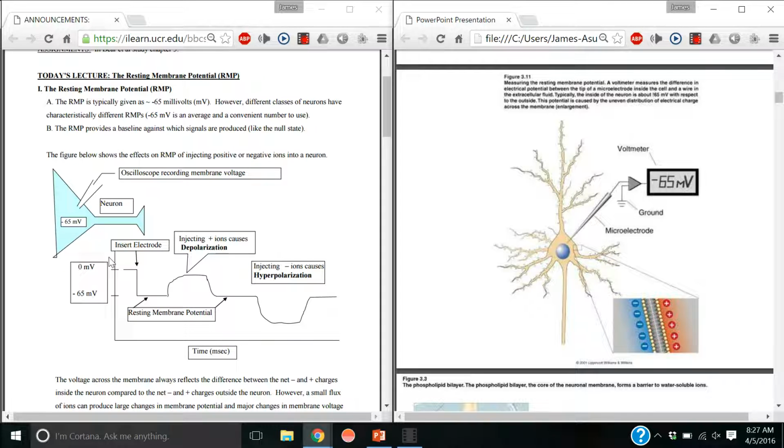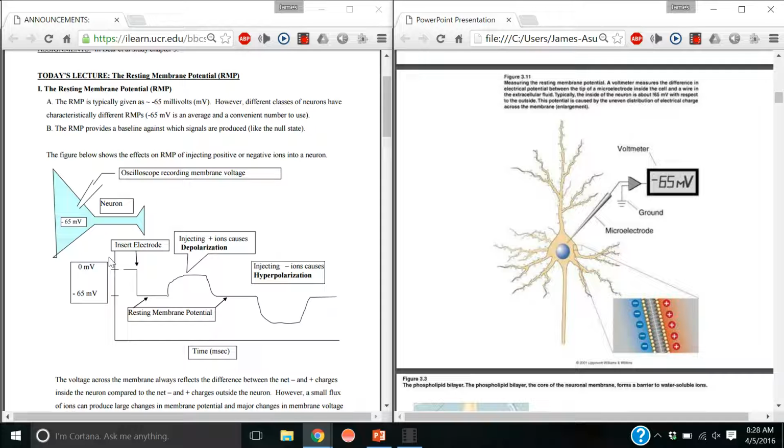Different classes of neurons will have characteristically different resting membrane potentials. Minus 65 millivolts is just a convenient value to use. It's a fairly good average representation across all types of neurons.